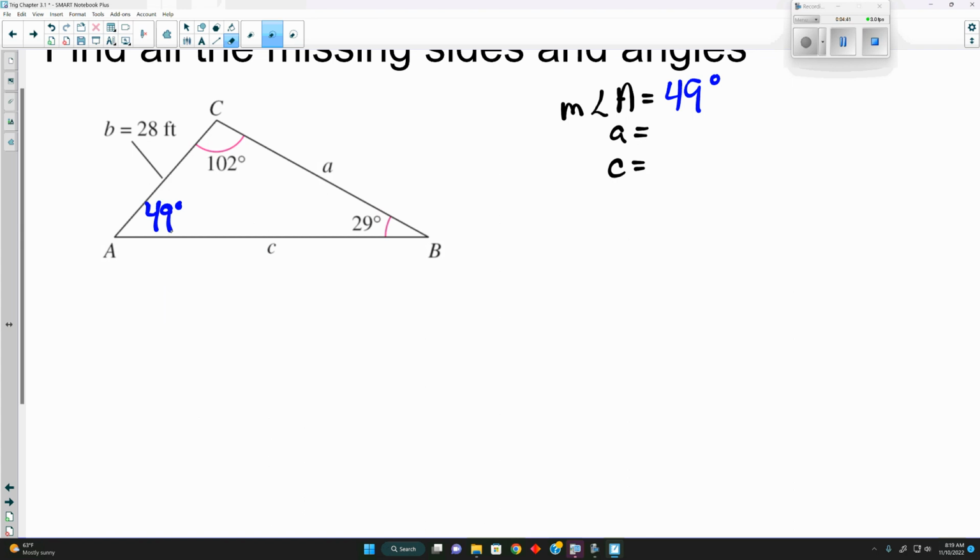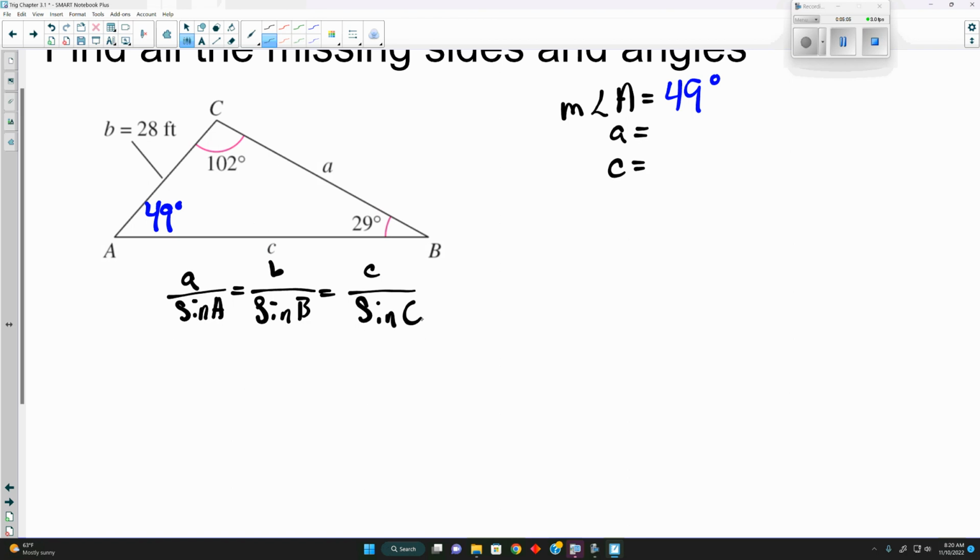Now the formula that they gave us, especially with solving for missing sides, is a over sine of A is equal to b over sine of B is equal to c over sine of C. Now, you don't have to rewrite this out. I'm just writing it so that we do have it, because this is number 2.